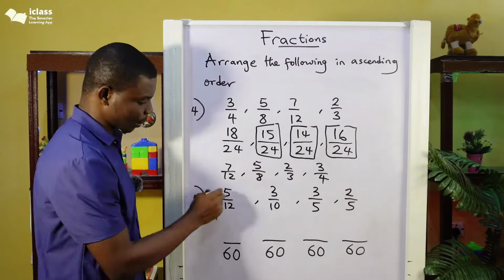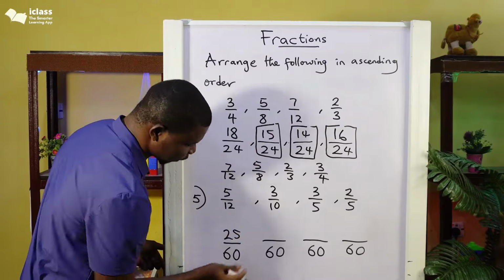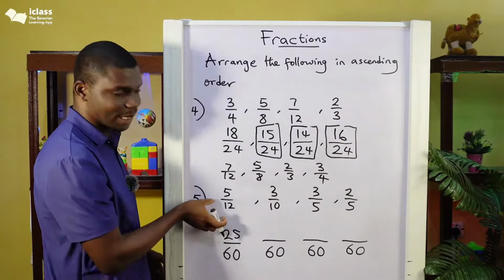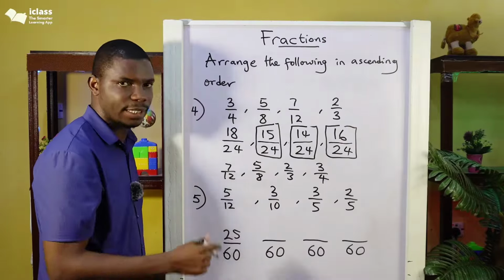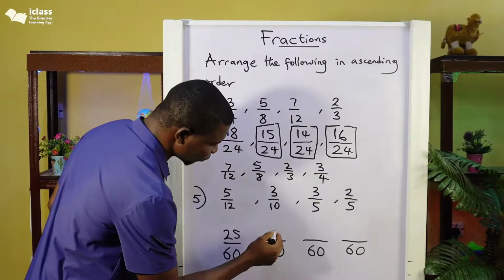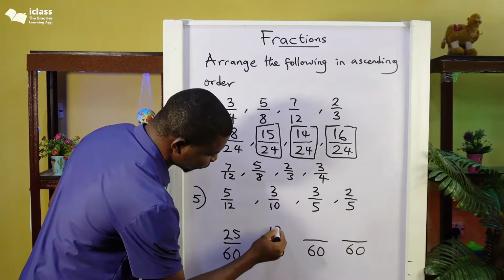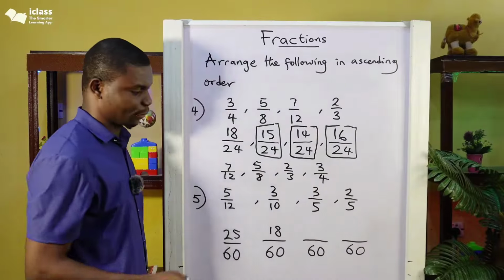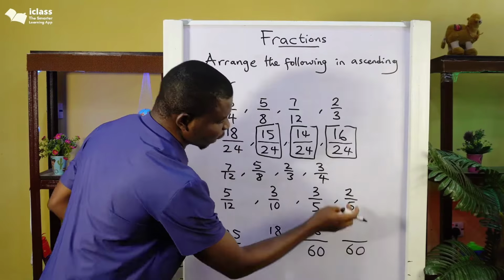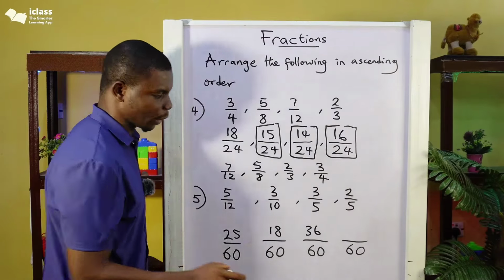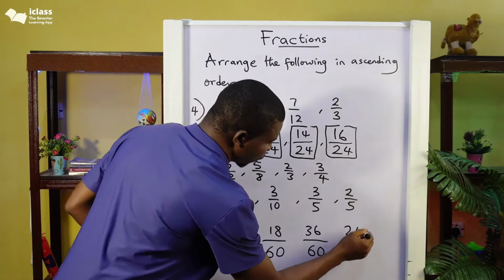That is 5. 5 times 5 is 25. So you know that 25 over 60 is the same thing as 5 over 12. 60 divided by 10 is 6, times 3 is 18. 60 divided by 5 is 12, times 3 is 36. 60 divided by 5 is still 12, times 2 is 24.